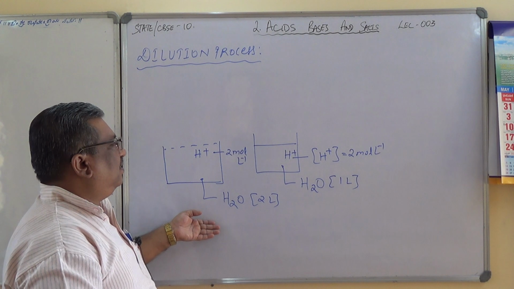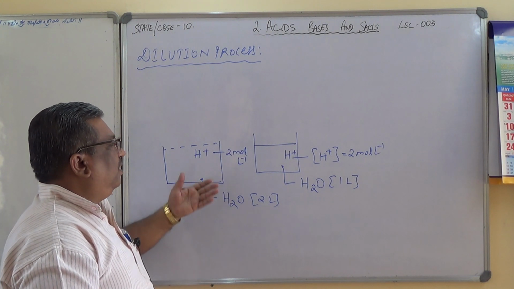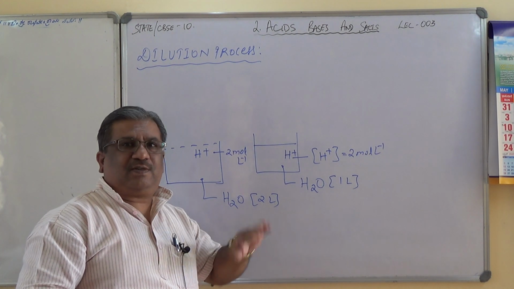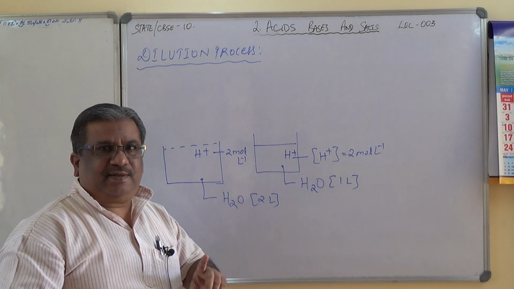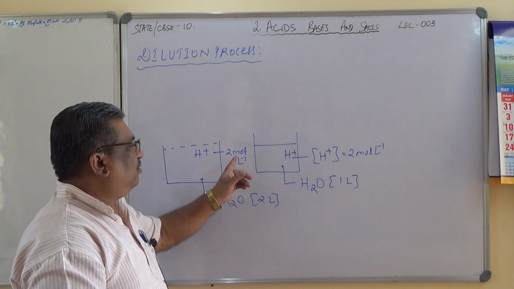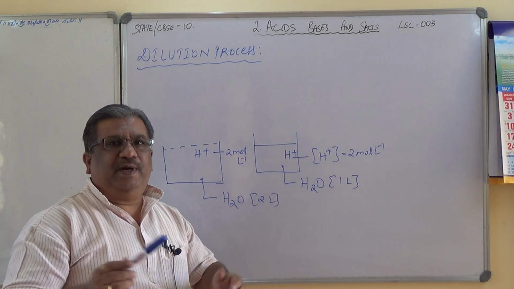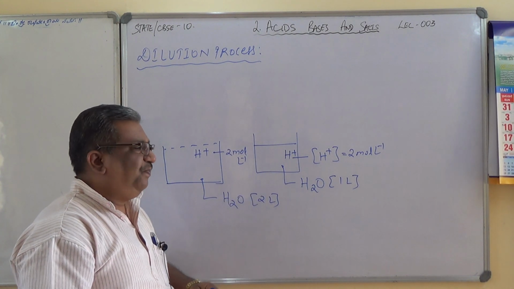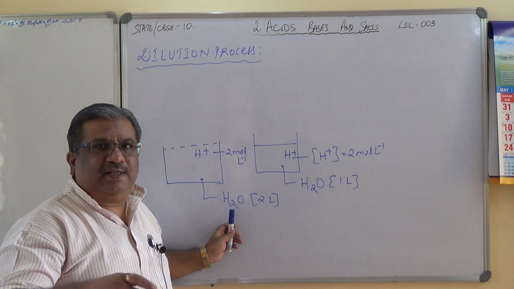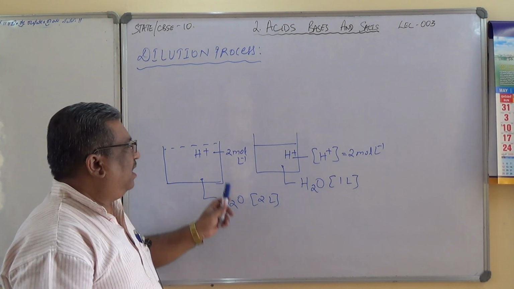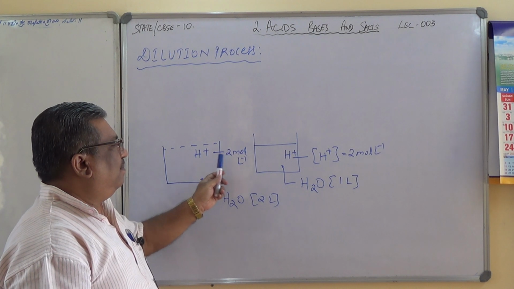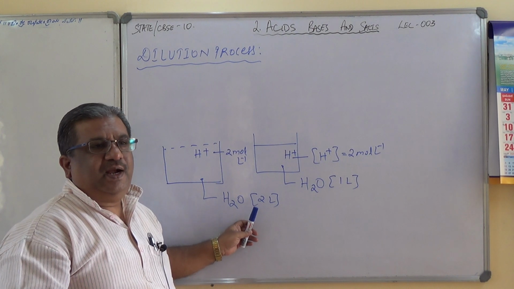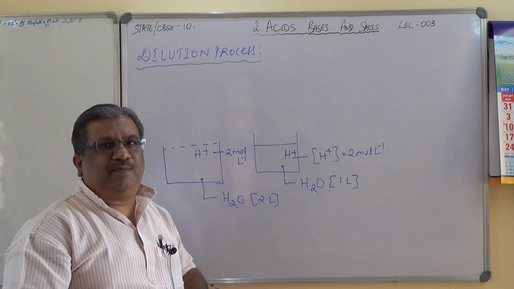So whether you add more quantity of acid or less quantity of acid makes the difference in hydrogen ion concentration per unit volume. Here my intention of describing this activity is, if the volume of the water is increased, hydrogen ion concentration per unit volume decreases, and this process is called basically a dilution process.